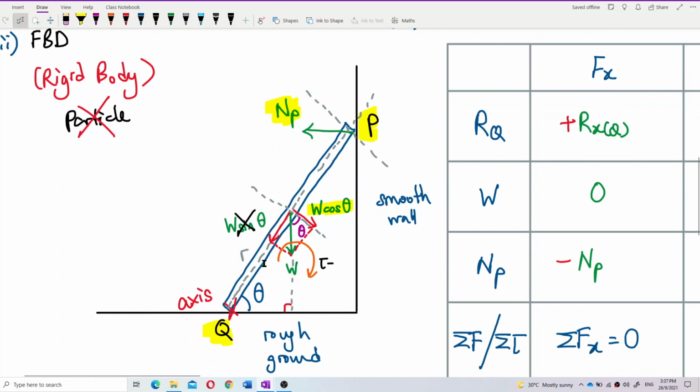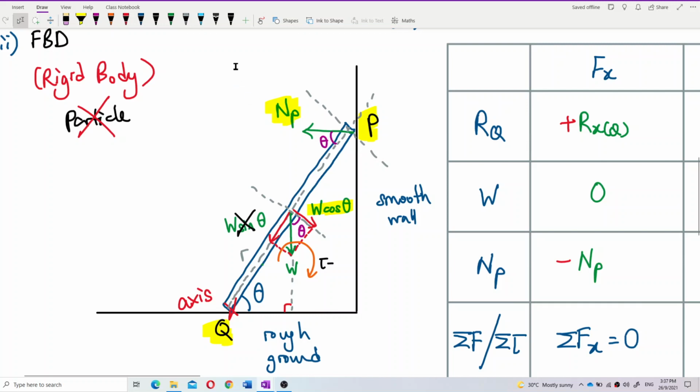If you look at this angle theta here, it is equal to this theta. They are alternate angles. Yeah, this angle theta is the same as this angle theta because they are on the same parallel line.